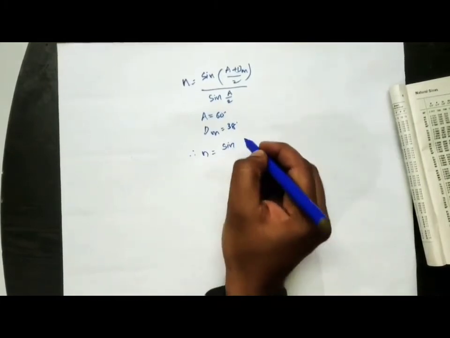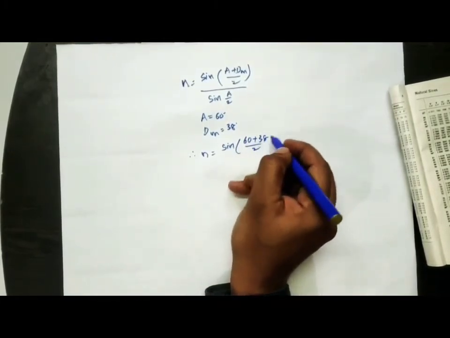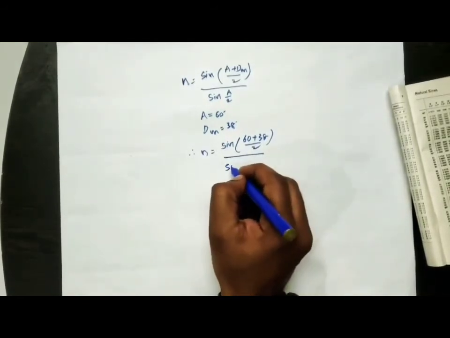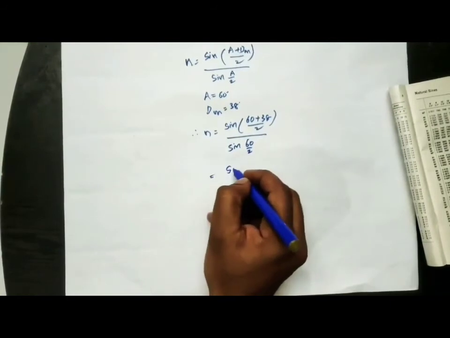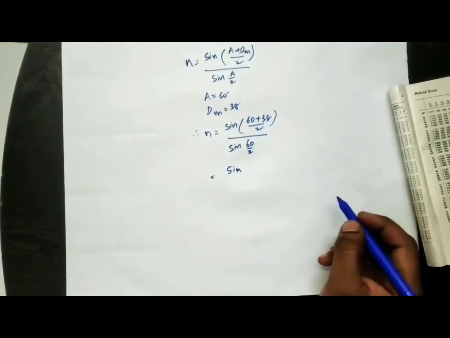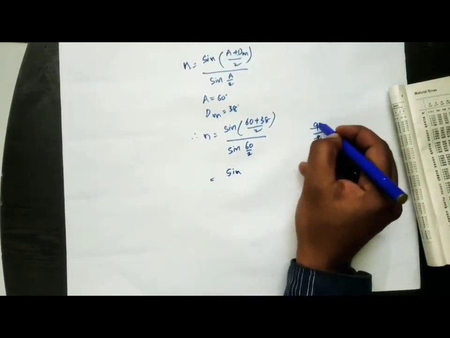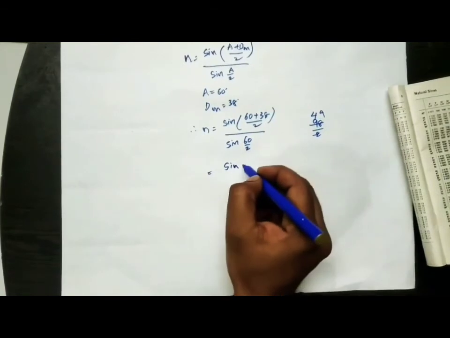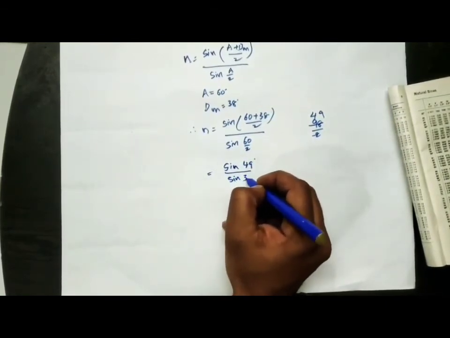So I am substituting the values of 60 and 38 in the formula. Sine of (60 plus 38)/2 divided by sine of 60/2. 98 by 2 comes out to be 49. So sine 49 divided by sine 30.